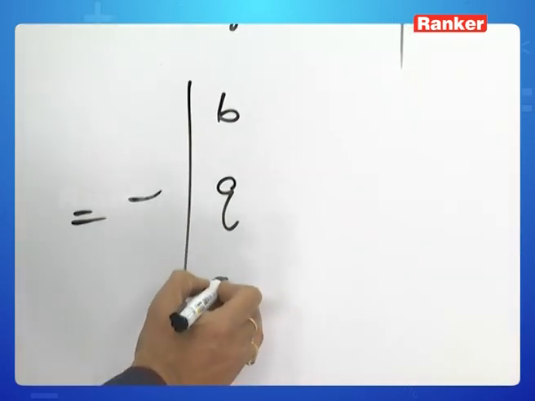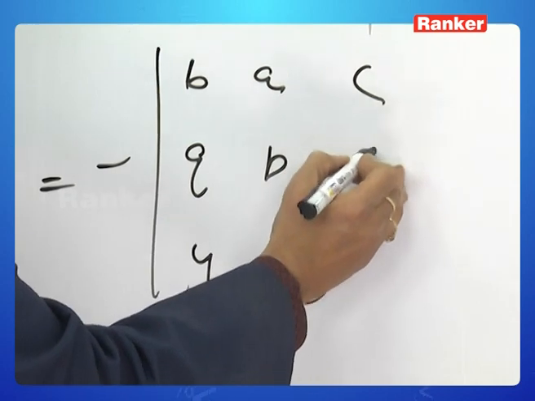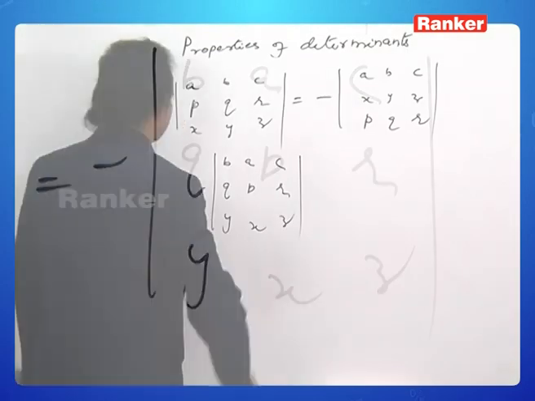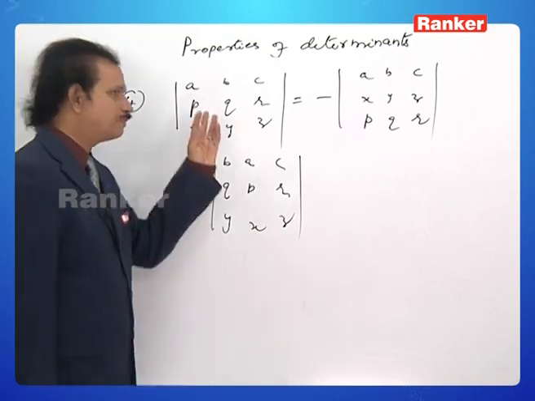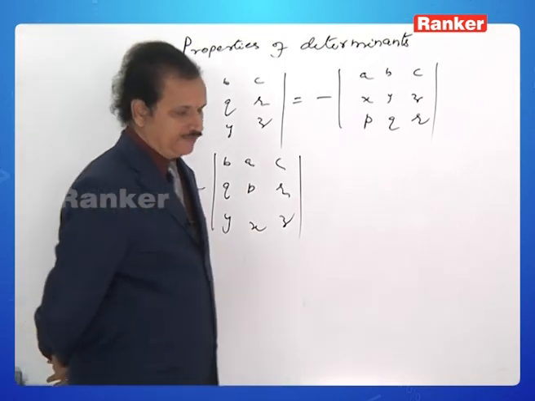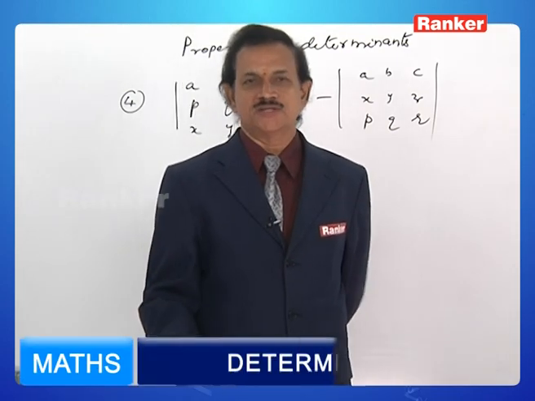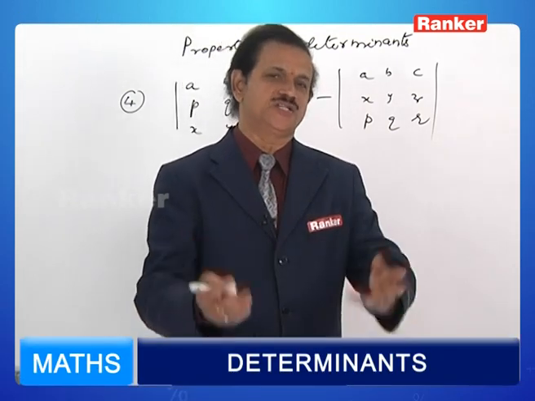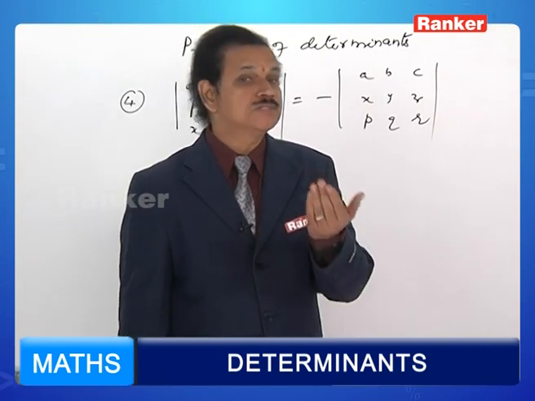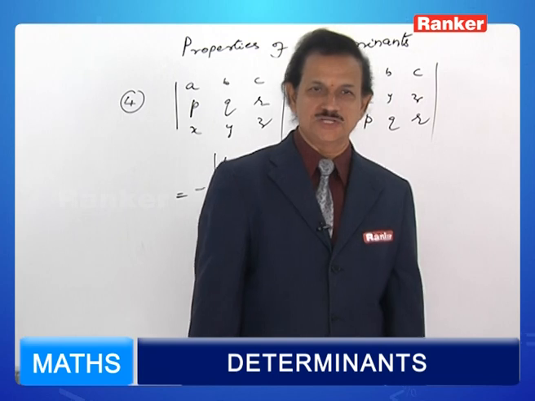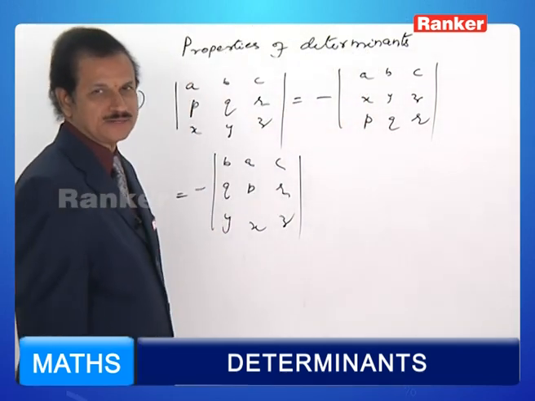B, Q, Y, A, P, X, C, R, Z. This property says that if the elements of any 2 rows or any 2 columns in a determinant are interchanged, then the value of the determinant gets the opposite sign. Yes, this is this property.